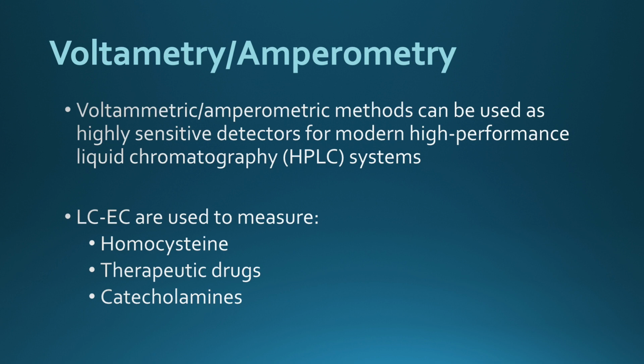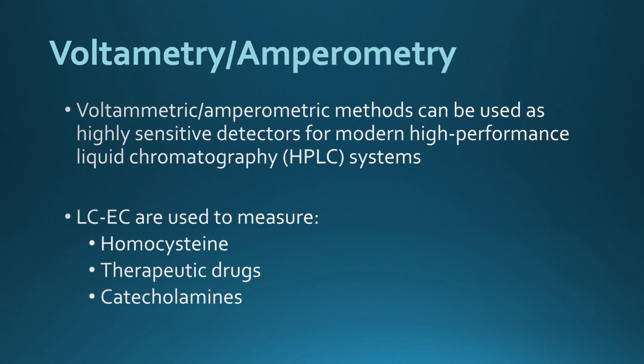And lastly, amperometry and even voltammetry can be used as a detector in conjunction with liquid chromatography. With liquid chromatography, the analytes, after elution from the column, can be directed to special electrodes. And reaction with these electrodes can result in generation of an electrical current that is directly proportional to the concentration of the analyte of interest.